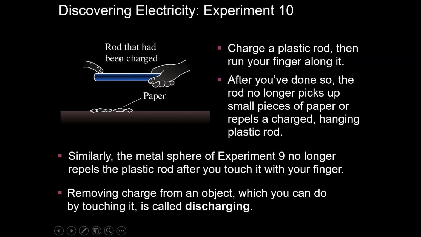Here's another experiment. If you take a charged rod and rub your hand around it, then those strips of paper, those little pieces of dust or hair, don't automatically leap up to the charged object like they did in experiment 5.